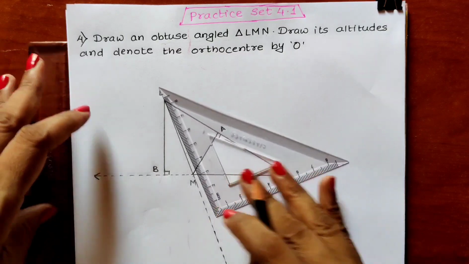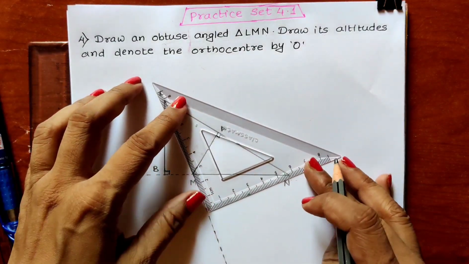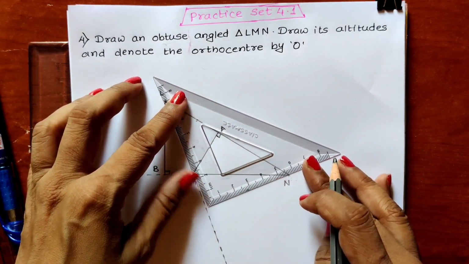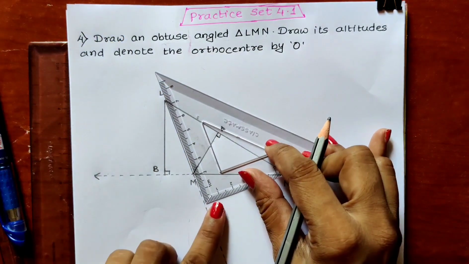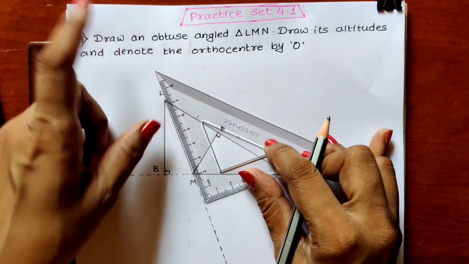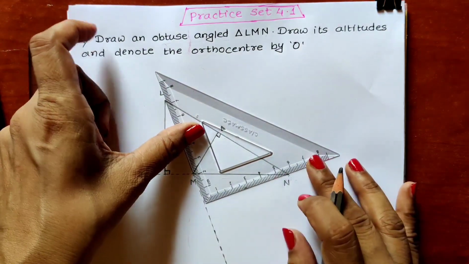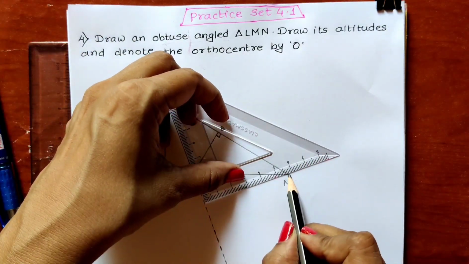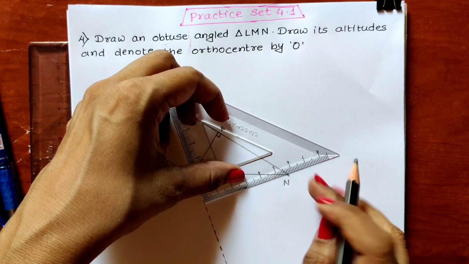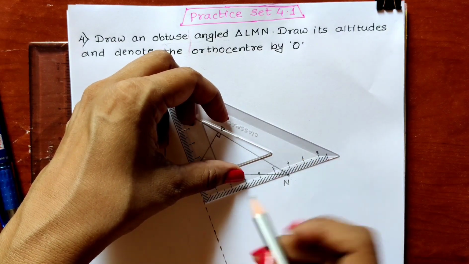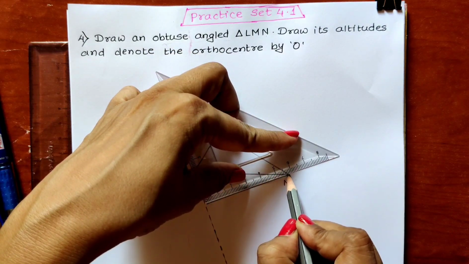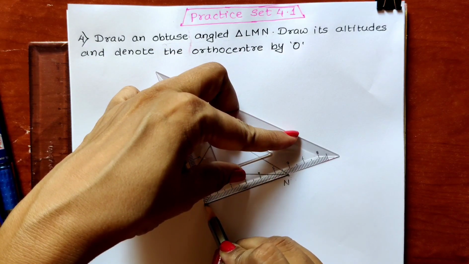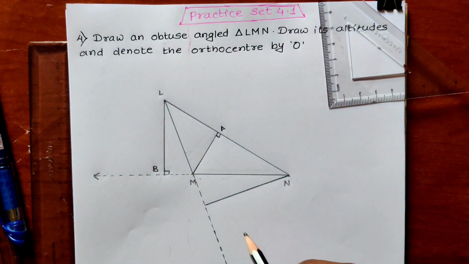And now we can draw an altitude which may be like this. One side is coinciding with side LM, the other side is passing through point N. So in this way we have drawn the third altitude.